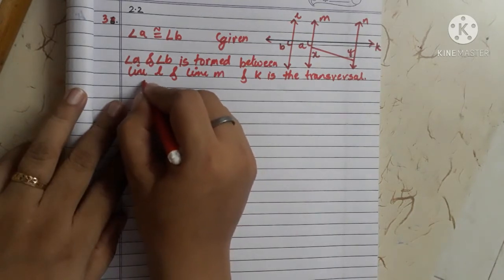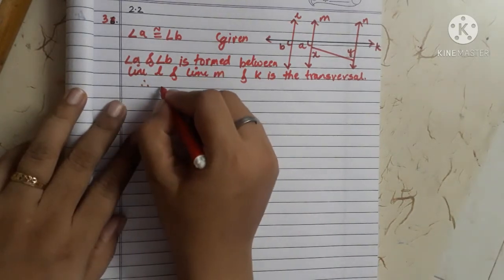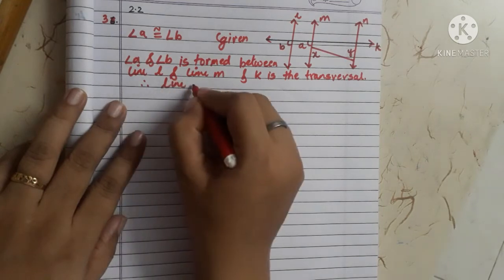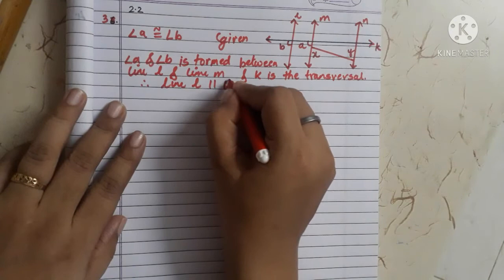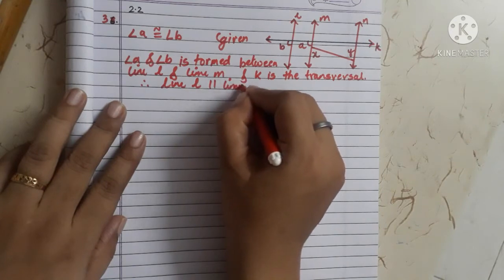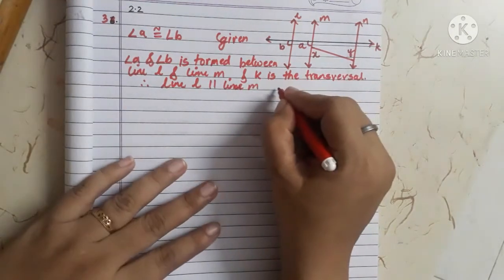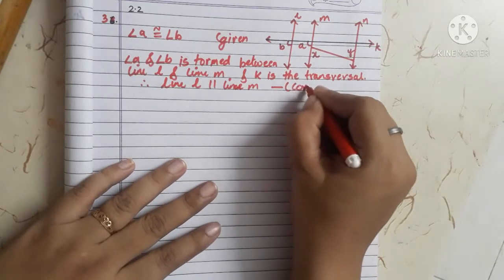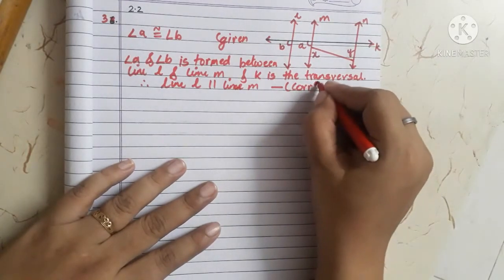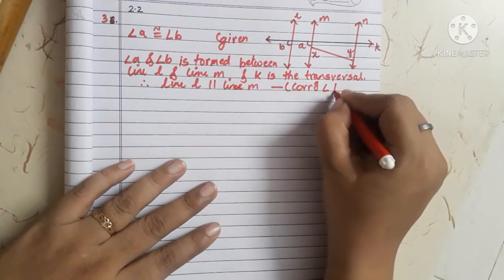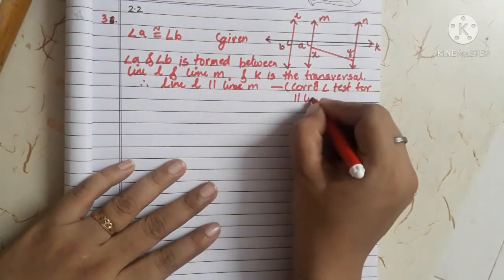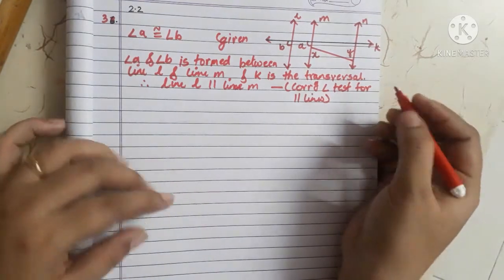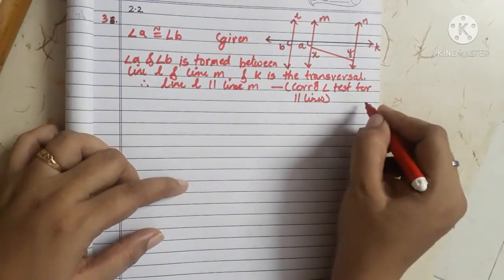Therefore, line L is parallel to line M. Reason? Corresponding angles test for parallel lines. Okay, this is step number 1.